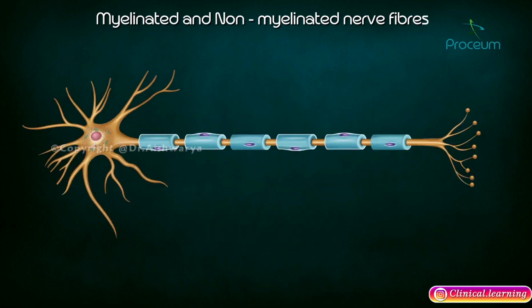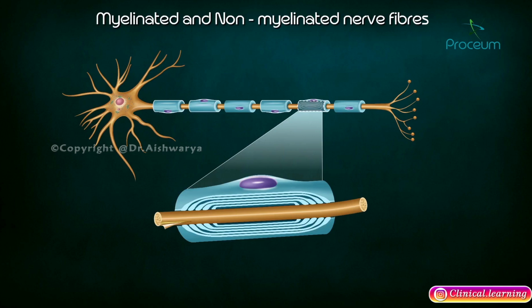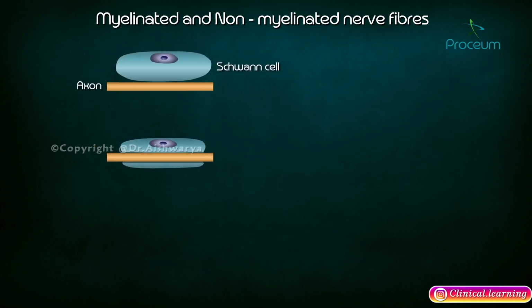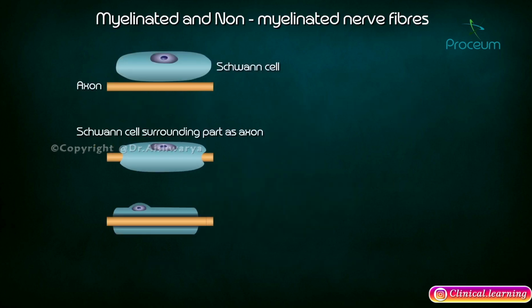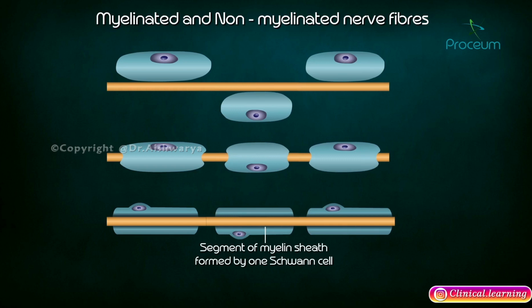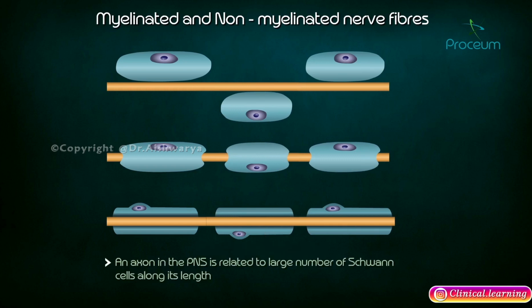Outside of the myelin sheath, a thin layer of the Schwann cell cytoplasm and the external lamina persists, forming the neurolemma. Each Schwann cell provides the myelin sheath for an axon only for a shorter distance, followed by another Schwann cell which wraps the axon in a similar fashion. Hence, an axon in the peripheral nervous system is related to a larger number of Schwann cells along its length.